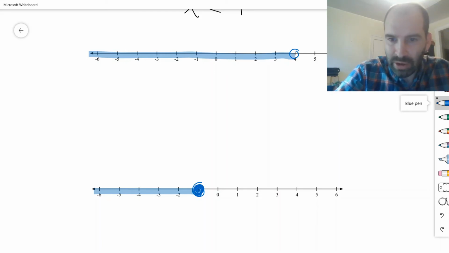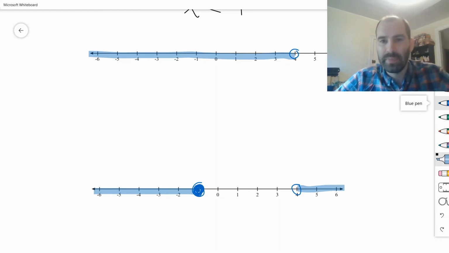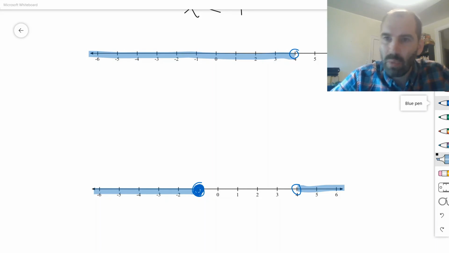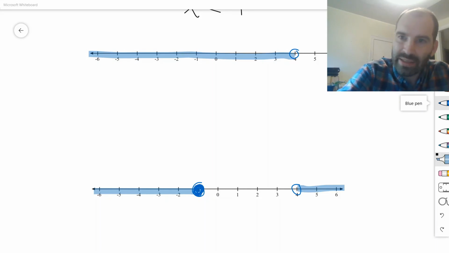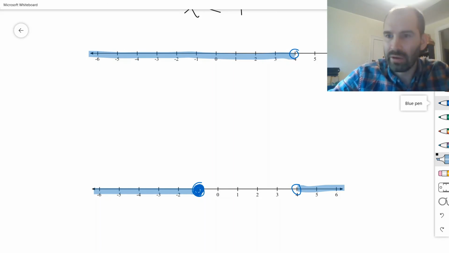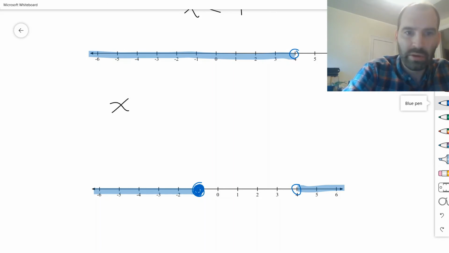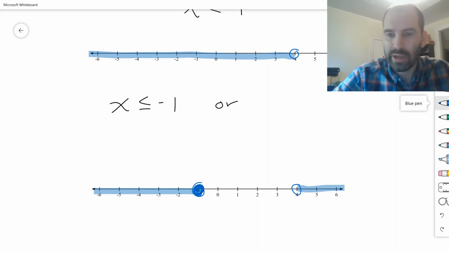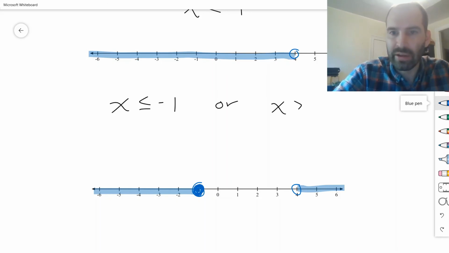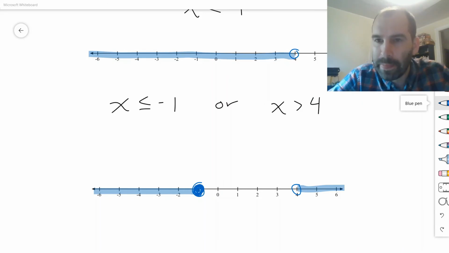And then we'll do the numbers that are greater than 4. So what does it mean for x to be in this shaded region? Well, it either needs to be less than or equal to -1, or it needs to be greater than 4.